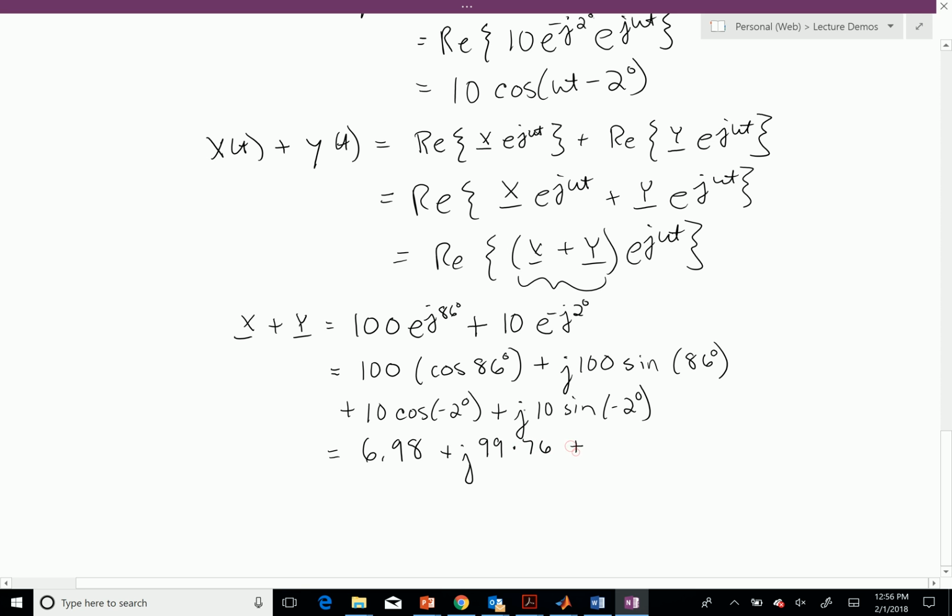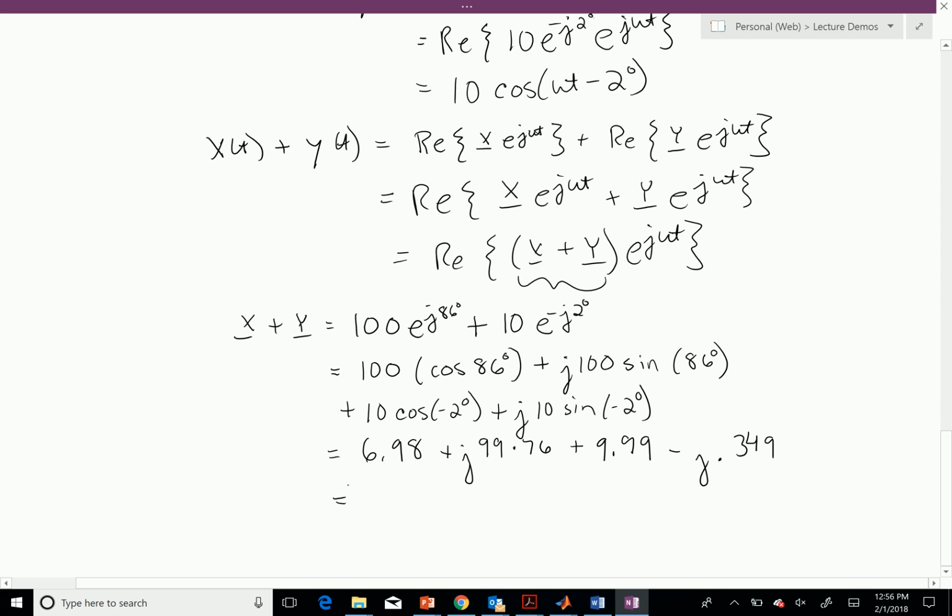Then I have plus 10 cosine of minus 2 degrees, which is 9.99, and 10 times the sine of minus 2 degrees is minus j times 0.349.